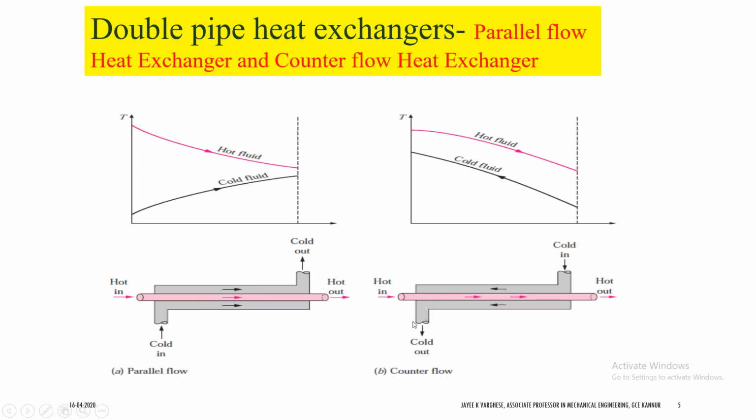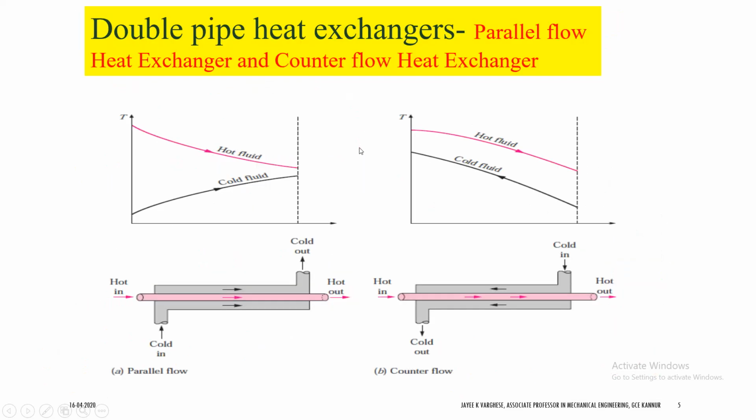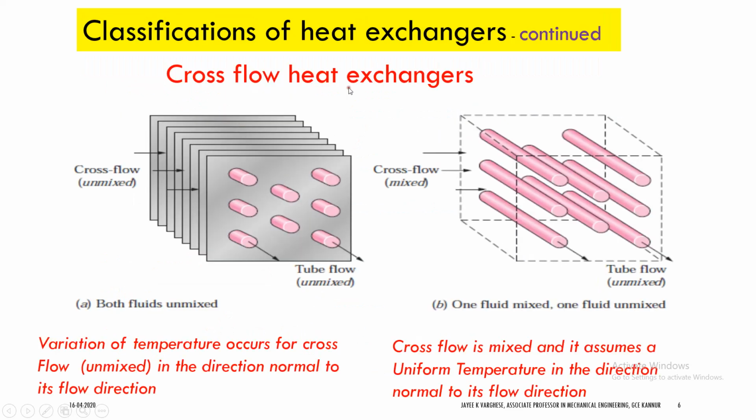This is an important type of classification. And there is a third type of classification called cross flow heat exchangers. So: parallel flow, counter flow, and cross flow heat exchangers.